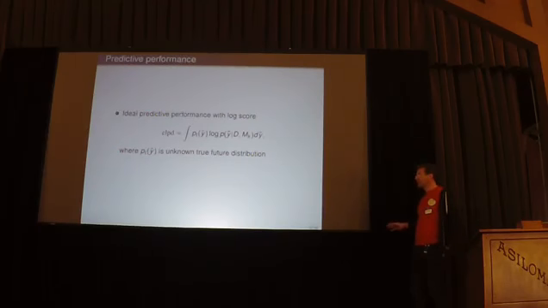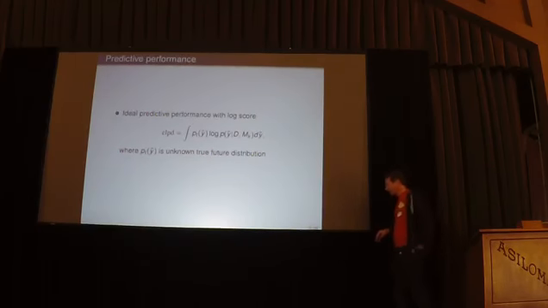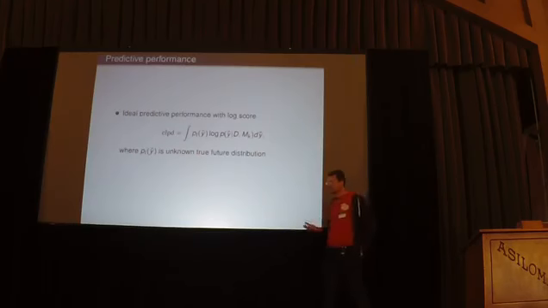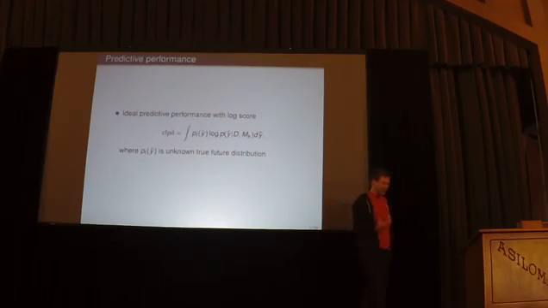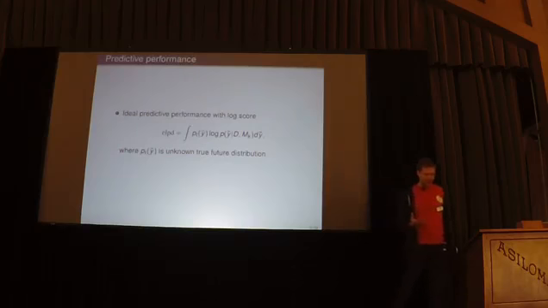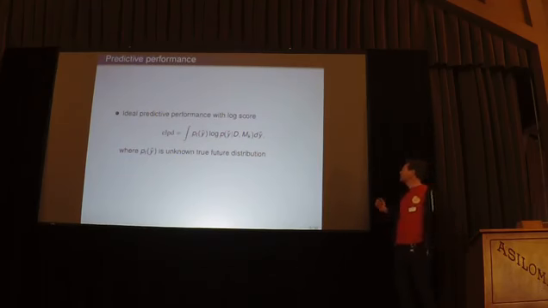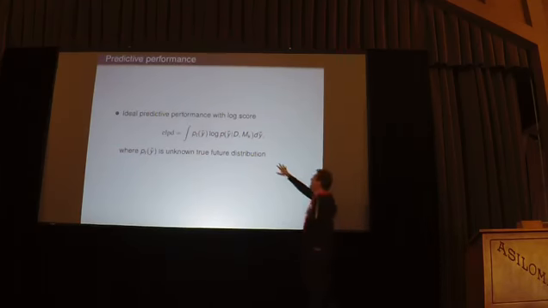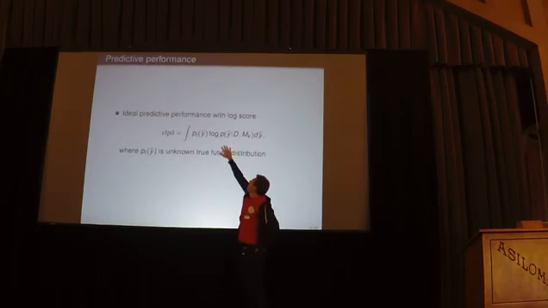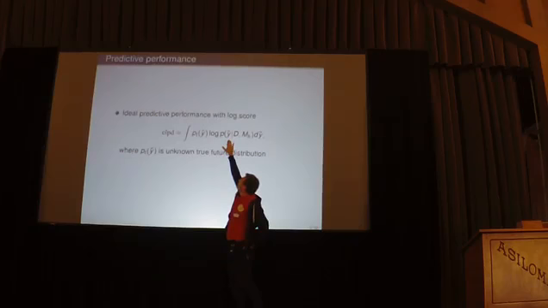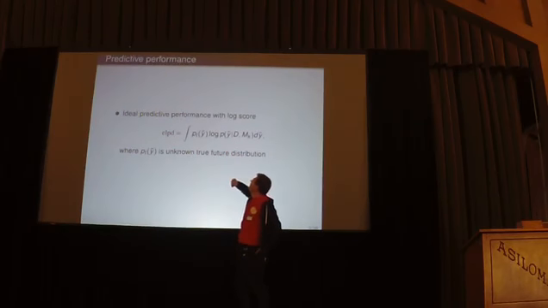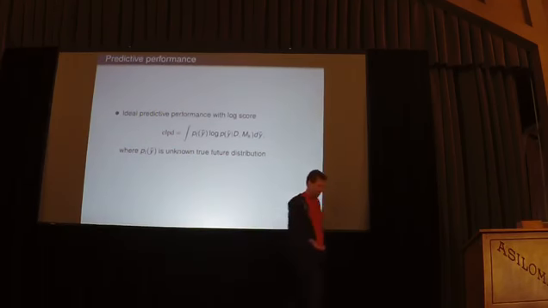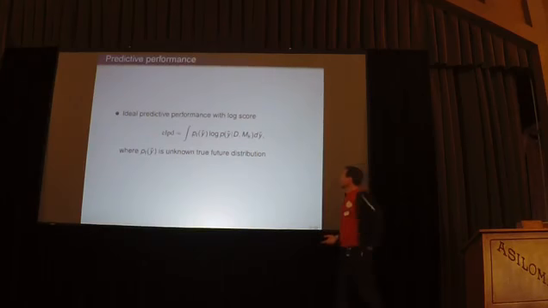But I start with just the log score, which is the information theoretically justified way if we want to estimate the goodness of the whole distribution. So we have the predictive density, we take the logarithm of that, and we evaluate it with some future observation y tilde, but we haven't seen the future yet.